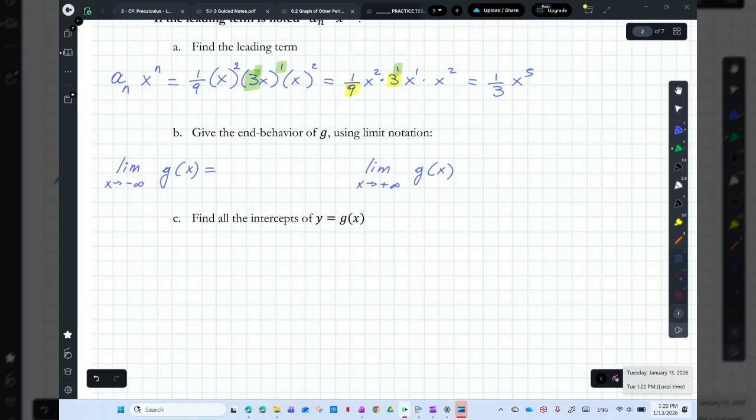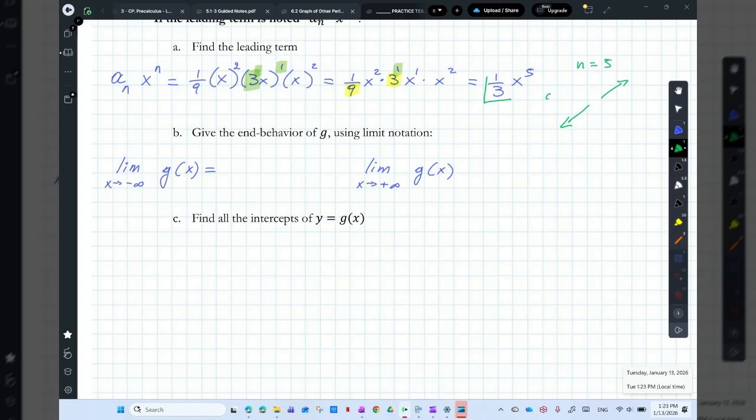Now, because I have an odd degree, n equals 5, that means that just like a line, it's going to go down to the left and go up to the right. And I'm going to keep it that way because a_n is positive. So I will have negative infinity as x approaches negative infinity, and positive infinity as x approaches positive infinity.